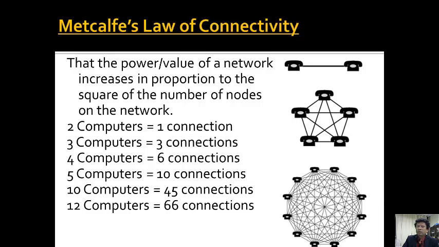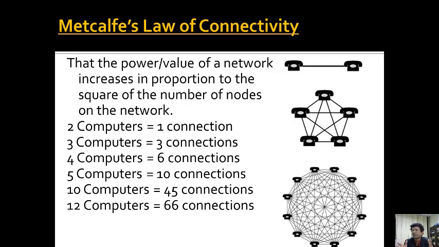Metcalfe's law says that the power of a network increases in proportion to the square of the number of nodes on the network. Suppose you have 2 computers, so we have only 1 connection.